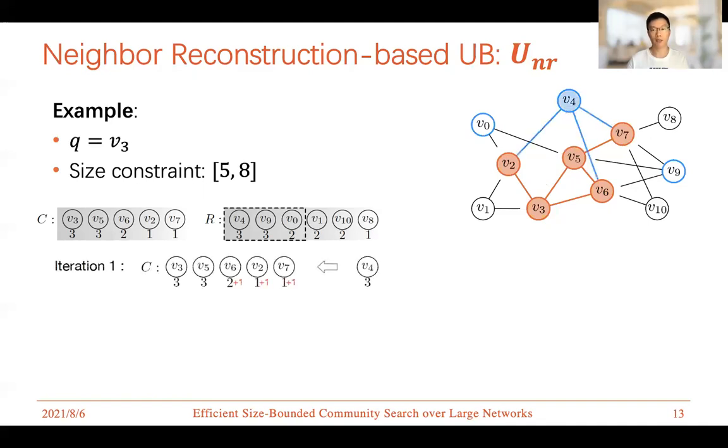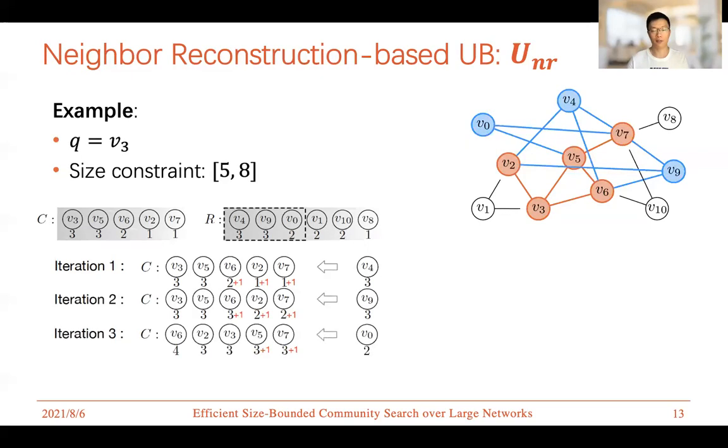Then we make reconstruction for V4. That is, change its links to the vertices in C that currently have the smallest degree. Then we make reconstruction for V9 and for V0 in a similar way. Finally, we select the minimum degree of the vertices in C as the final upper bound, 3.